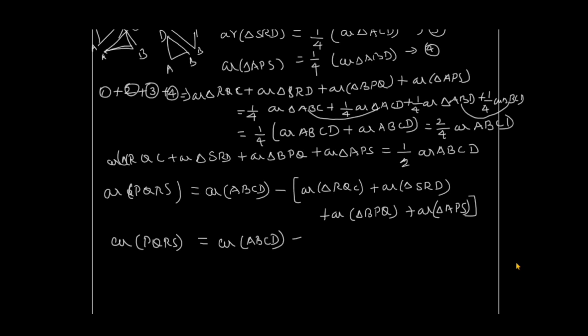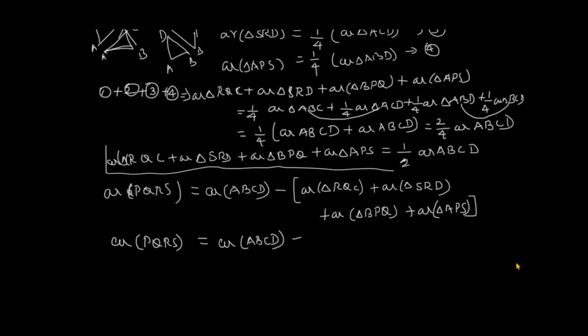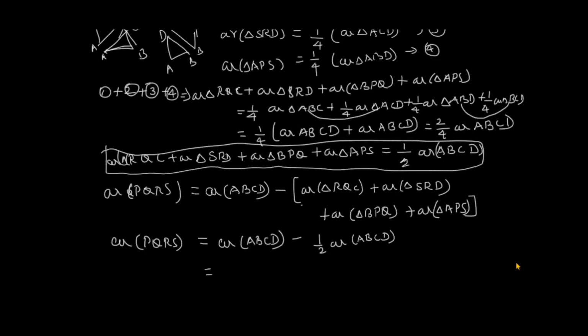So minus, look at this one, all the small triangles area sum is equal to half of the area of the quadrilateral ABCD. Now the total area, we can replace that with 1 by 2 area of ABCD. So the full area of ABCD minus half of area of quadrilateral ABCD is nothing but half of area of quadrilateral ABCD.